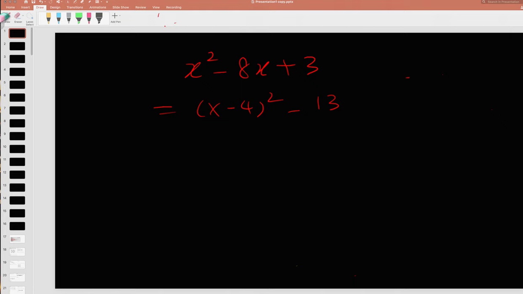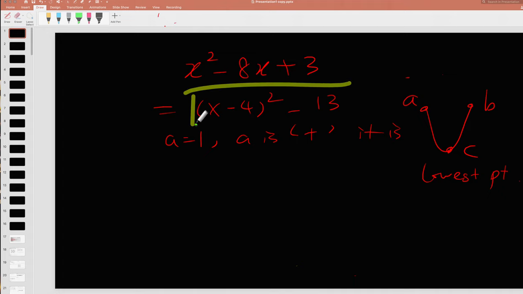So first things first, a equals 1. A is positive. So therefore, it's a happy face. Happy face, you have your point A, your point B, and point C. Point C is the lowest in this case, right? So you just look at this. What's the lowest? This x has to be 4, because only when you have 4, this will be 0.